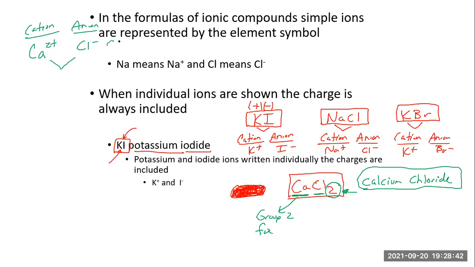We actually need not 1 Cl minus, but we need 2 of them. +2 and -1, and -1 is -2, gives us our CaCl2 as the proper formula. Again, no charge because the overall charge balanced out to 0.